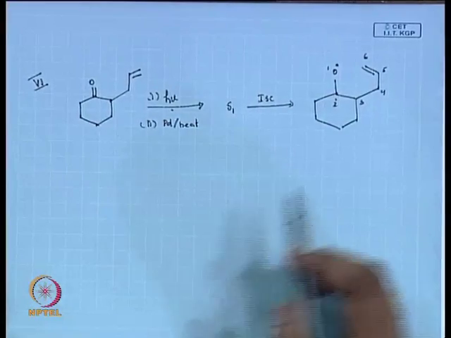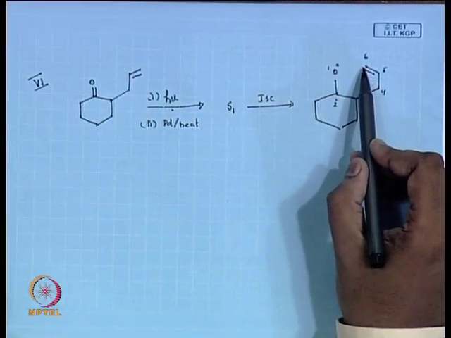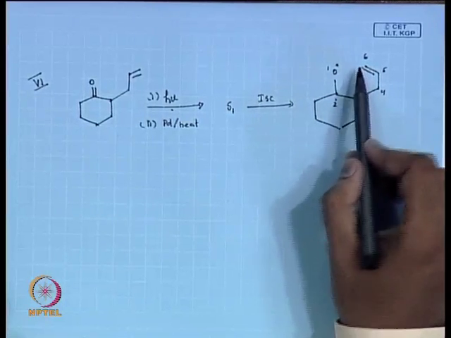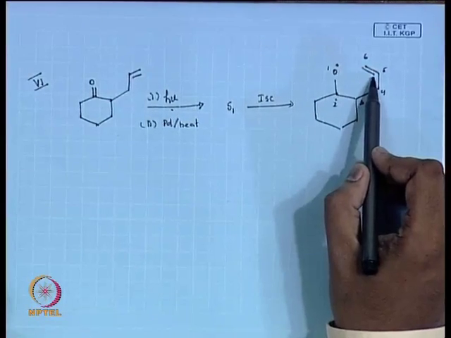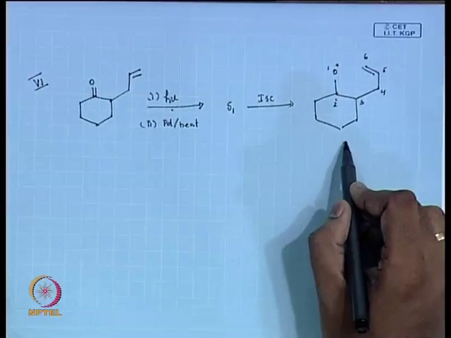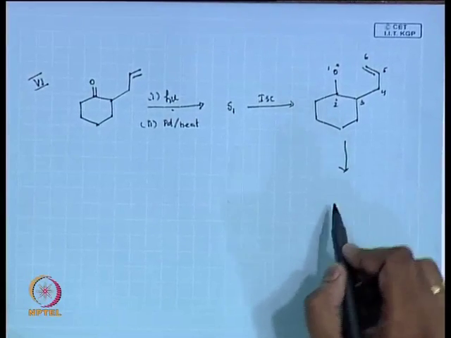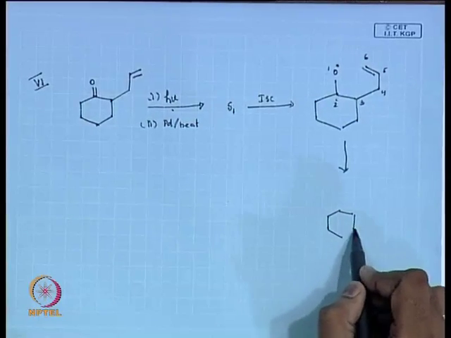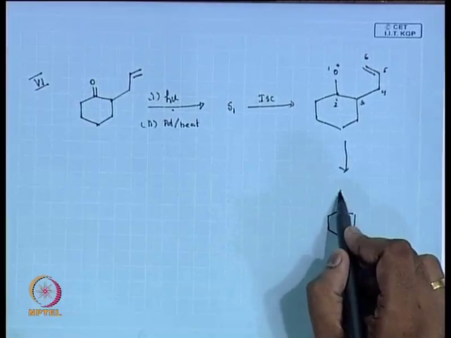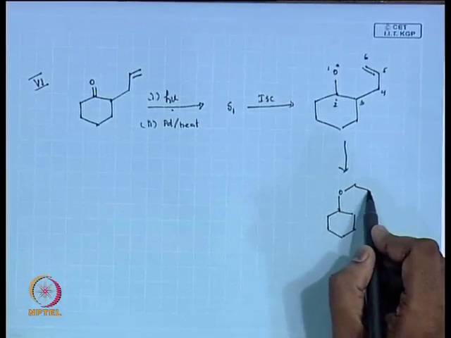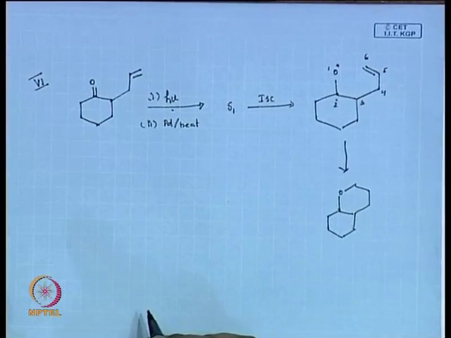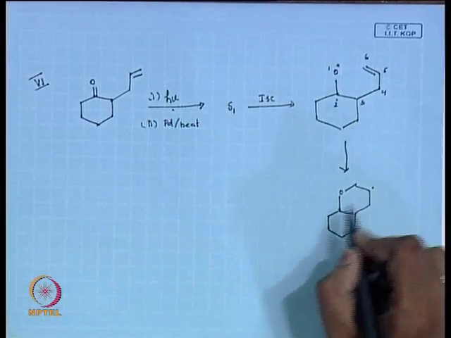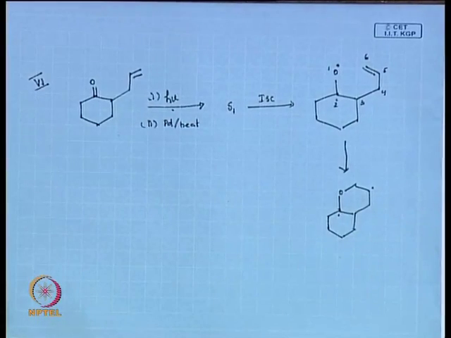So, two ways I can think about: the O dot reacting with my C6, or the O dot with my C5, right. If it is with C6, then what do you get? You get a 6-member ring with a radical, a 1,4 diradical, right.